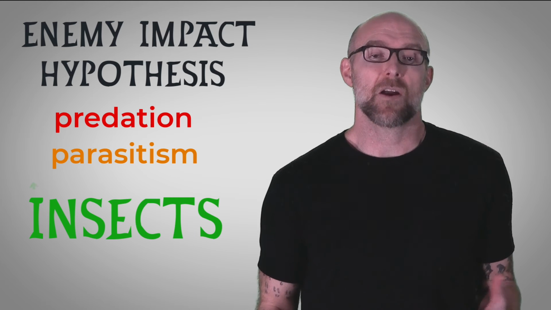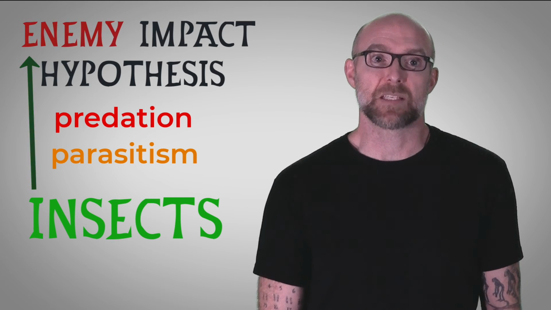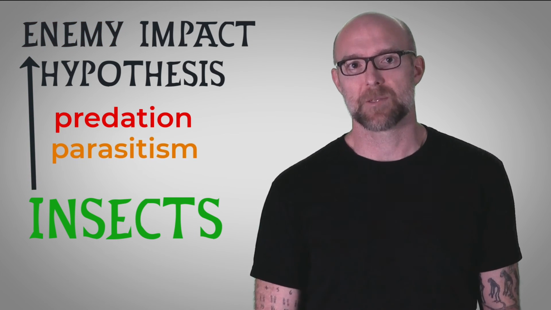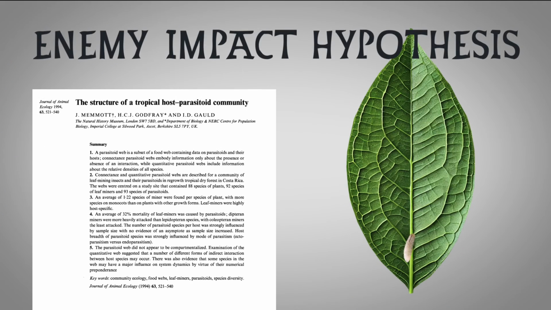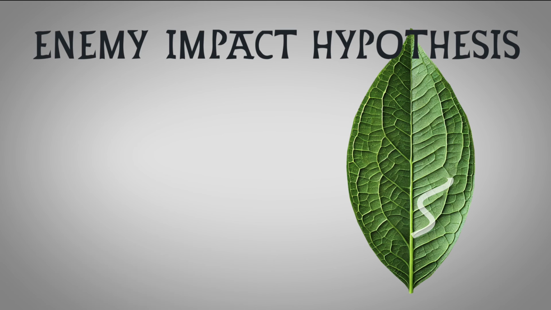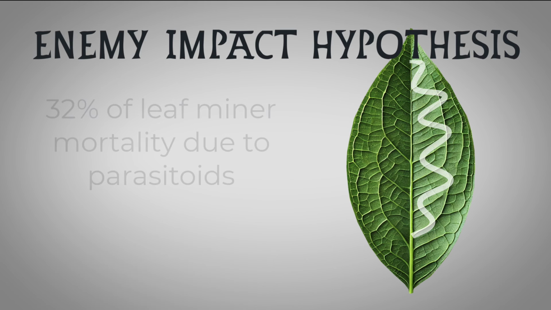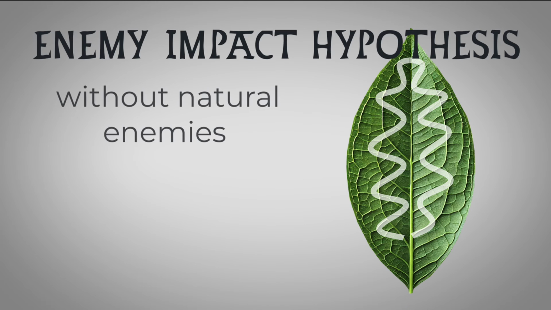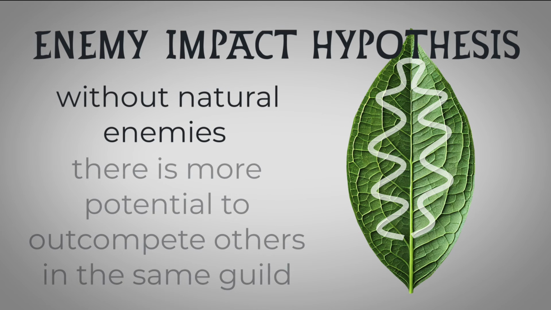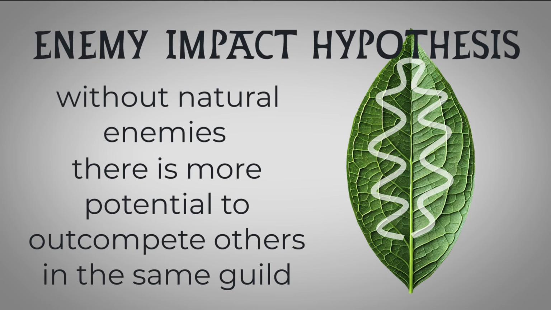Insect populations are often regulated by natural enemies, particularly parasitoids. For example, studies on tropical leaf mining insects have shown that parasitoid attacks can increase leaf miner mortality by up to 32%, with other species experiencing even higher rates of parasitism. Without these natural enemies, herbivores like these leaf miners could outcompete others in the same guild, reducing overall community diversity.